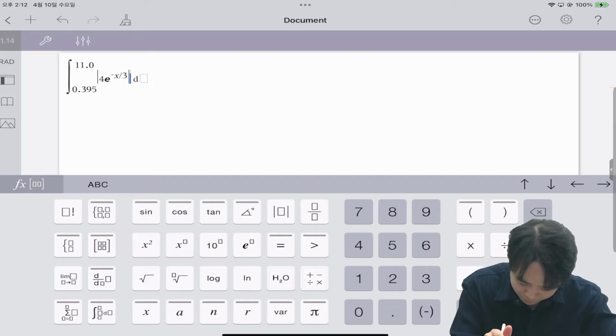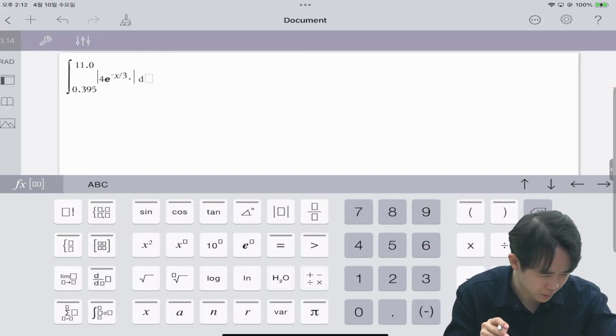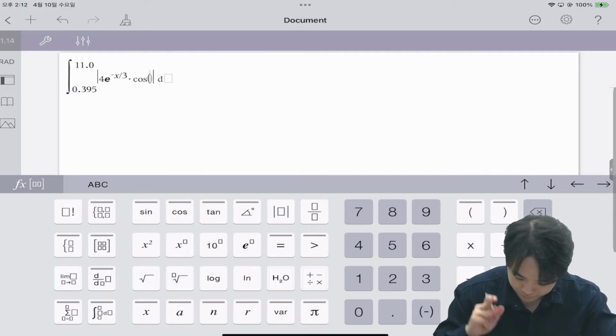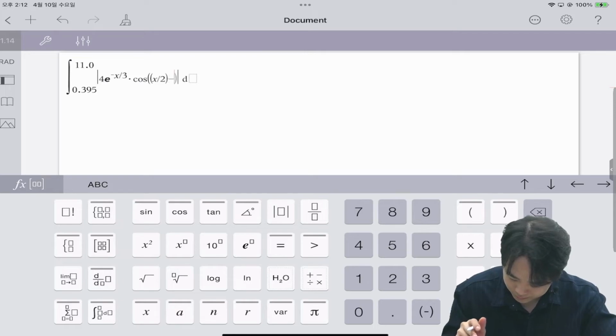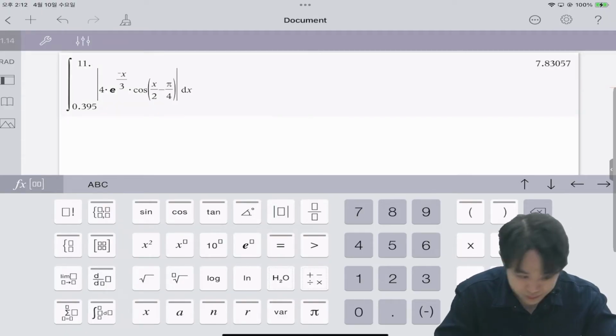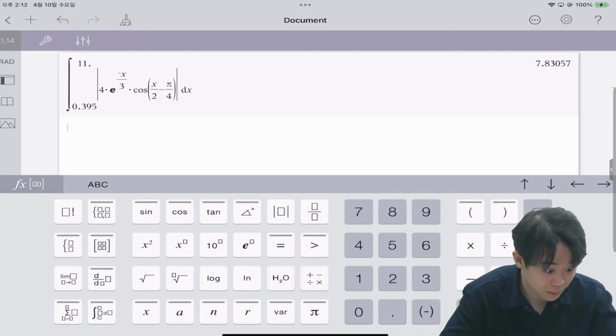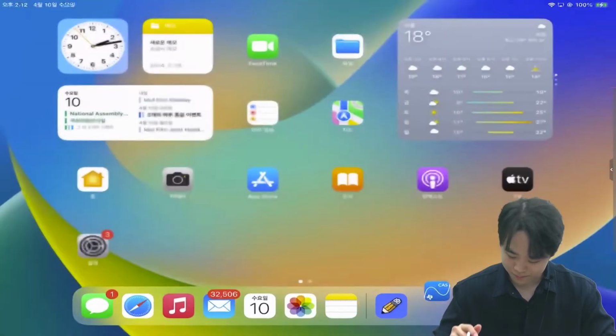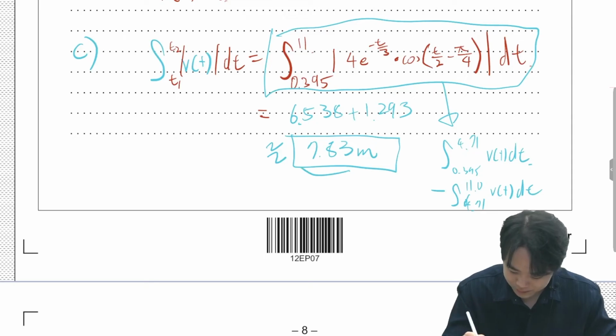And then we want to multiply times cosine of x over 2. Then we do minus pi over 4. Then we get dx. So that should be 7.83, which is exactly what we expected. So performing this, we get 7.83.